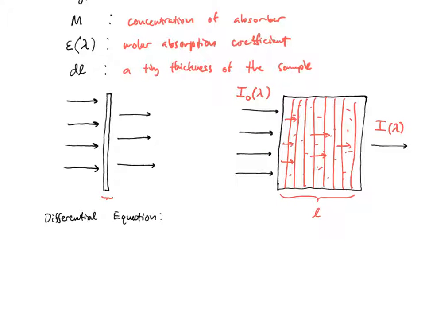The little wedge is of length dl, and then we'll call the intensity of light coming out this side intensity lambda, and then we'll call the intensity over here on this side intensity lambda plus dI lambda. Okay? So the difference between the intensity on either side is just that dI, which is the amount that was absorbed by that thin little wedge.